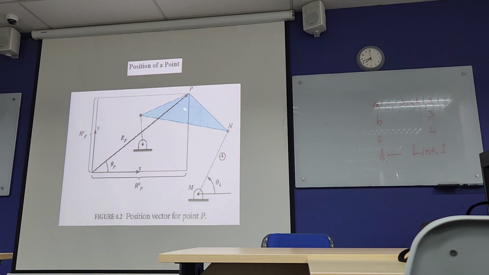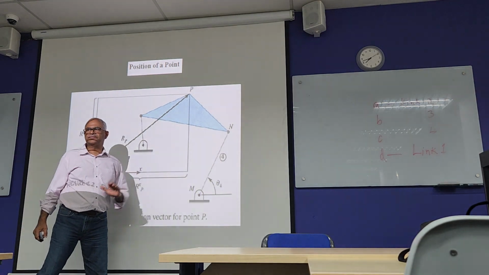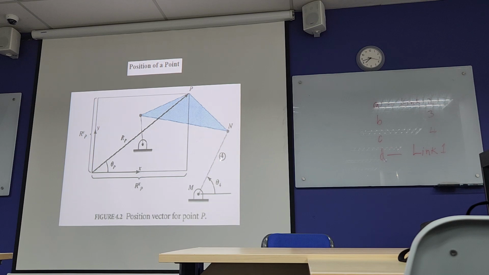So when we talk about a 4-bar mechanism, you can see this is the ground, and this is the ground. Now this is your link 2. The shaded one is link 3, and this is link 4.